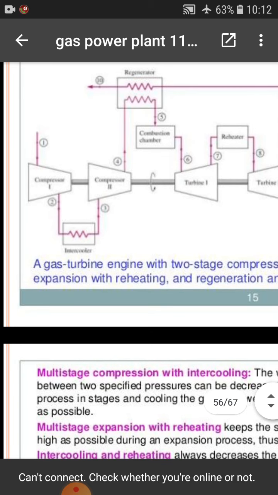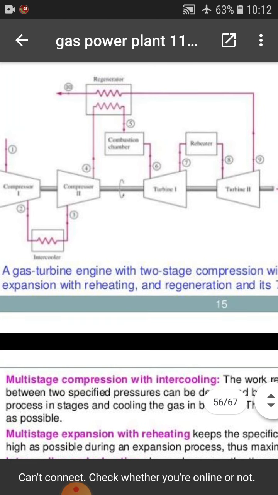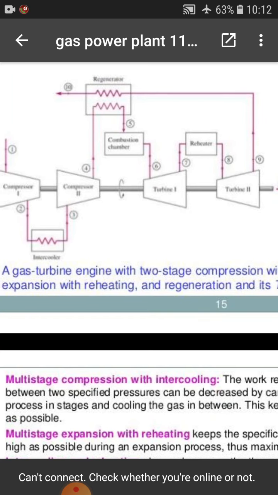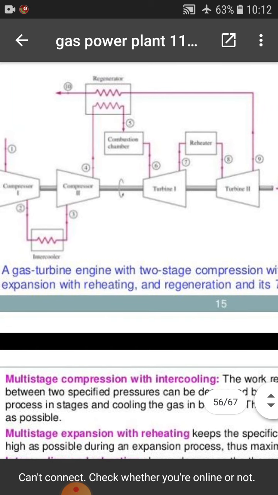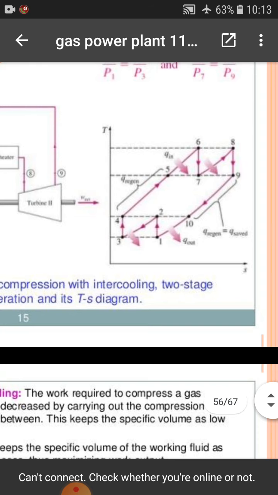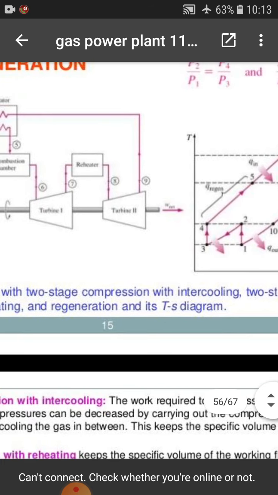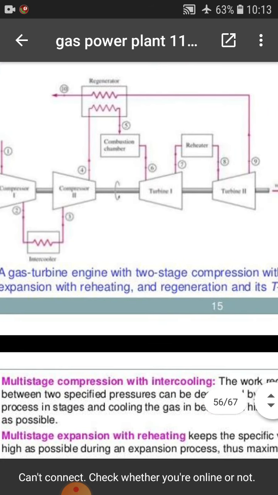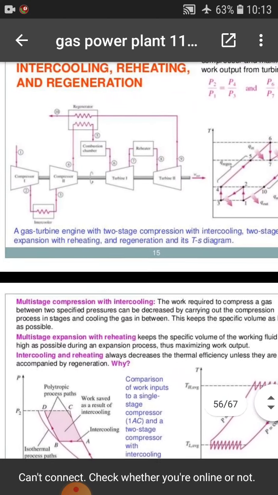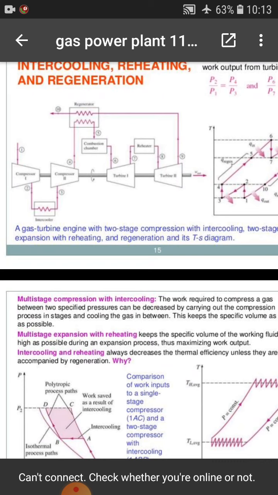From the combustion chamber to the turbine, turbine to reheater, reheater to second turbine, and second turbine exhausts the gases through the regenerator. The figure shows the TS diagram of a gas turbine engine with two-stage compression with intercooling, two-stage expansion with reheating and regeneration.